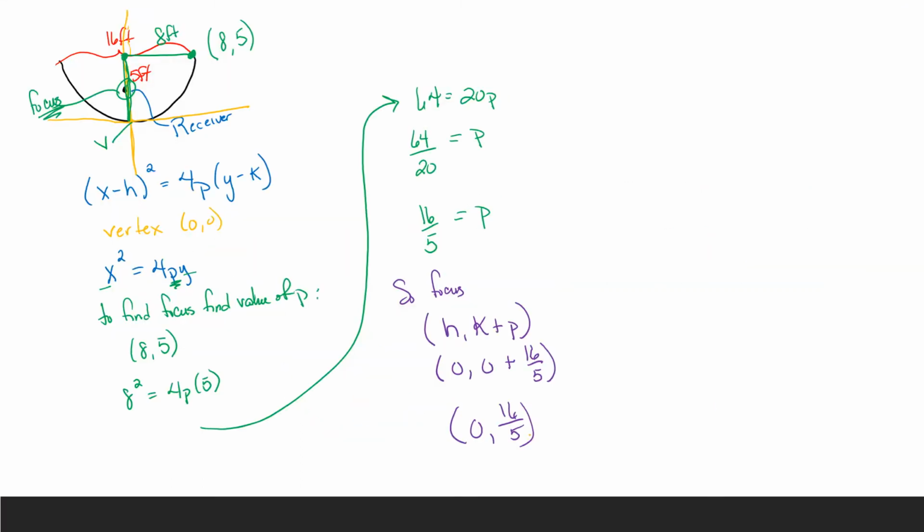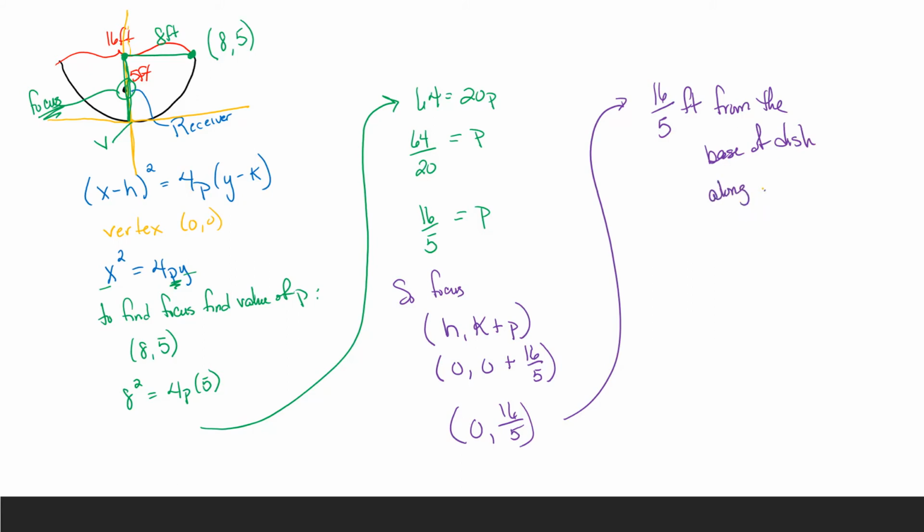So what we found, it was 0, 16 fifths, right? Therefore, the receiver should be placed 16 fifths feet from the base of the dish. And it said along the axis of symmetry.